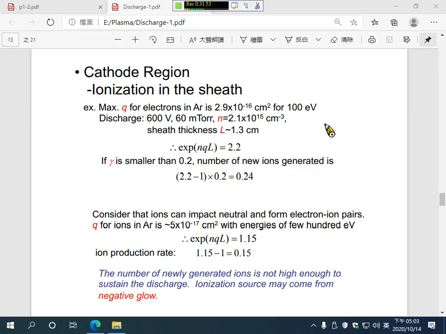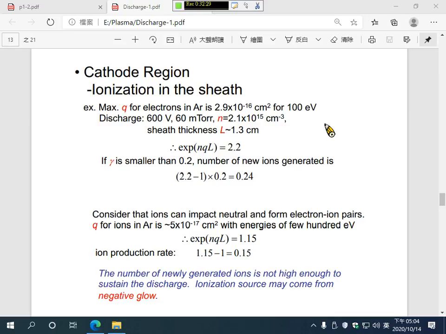Okay. And if you consider another process, when ions collide with neutral atoms to form electron and ion pairs, we can approximately get the newly generated electron and ion pairs equal to 0.15. And if you add these two values, you just got 0.39. So again, the sum of these two values is smaller than 1.